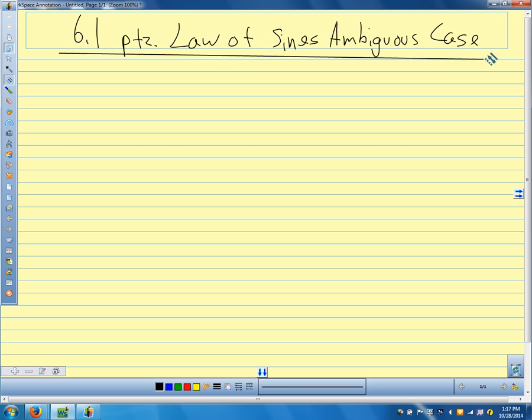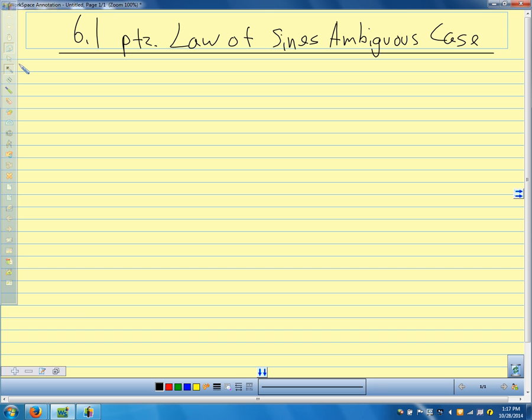All right, so if you remember all the way back in geometry, when you were proving triangles congruent, you had the angle-side-angle theorem and the side-angle-side theorem, and in geometry you said that you could not use a side-side-angle theorem to prove that triangles were congruent.